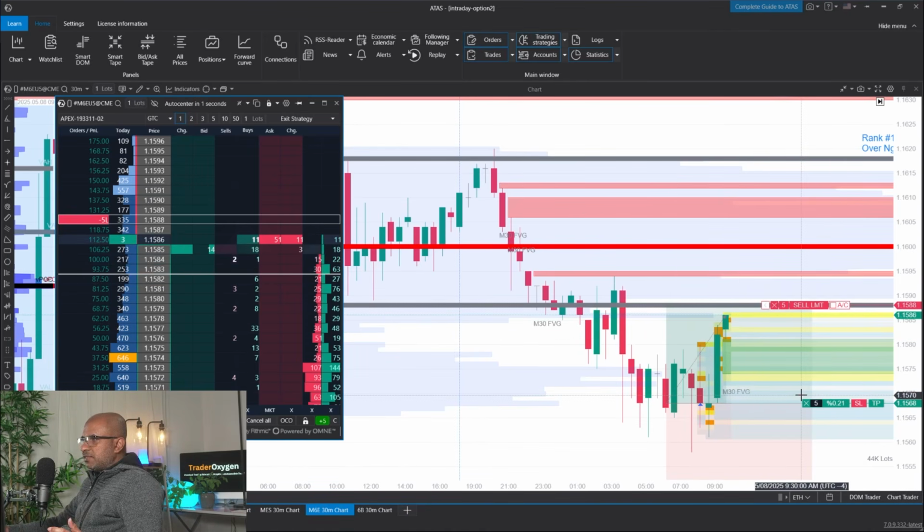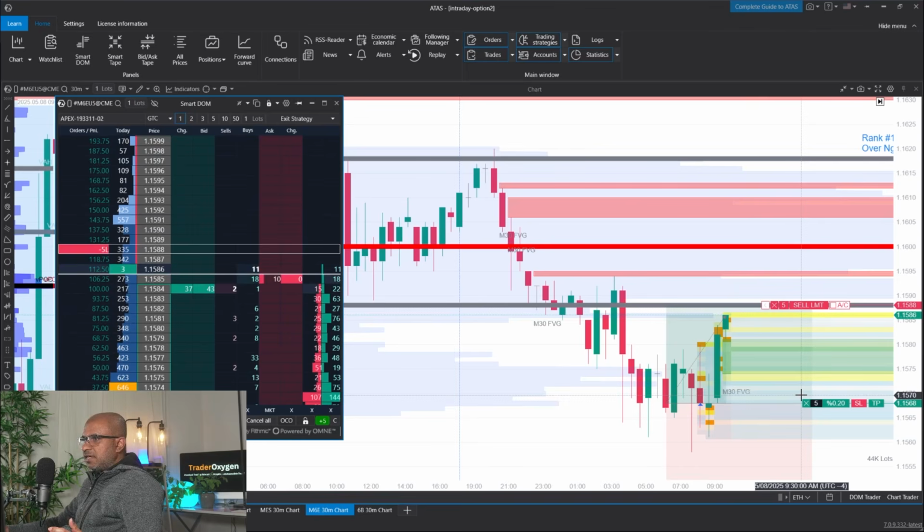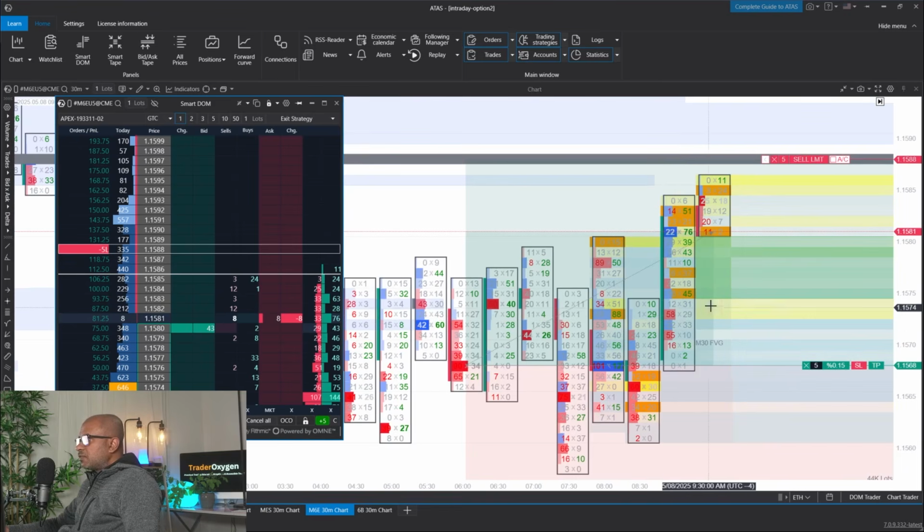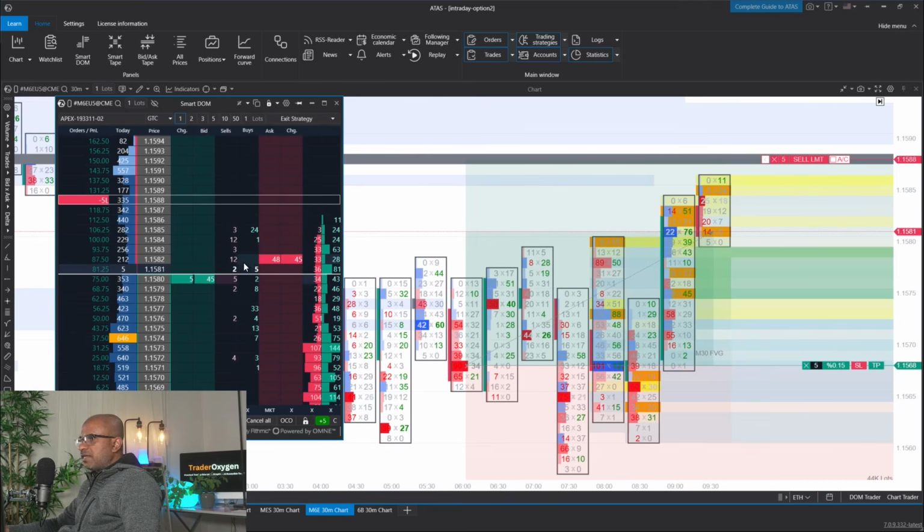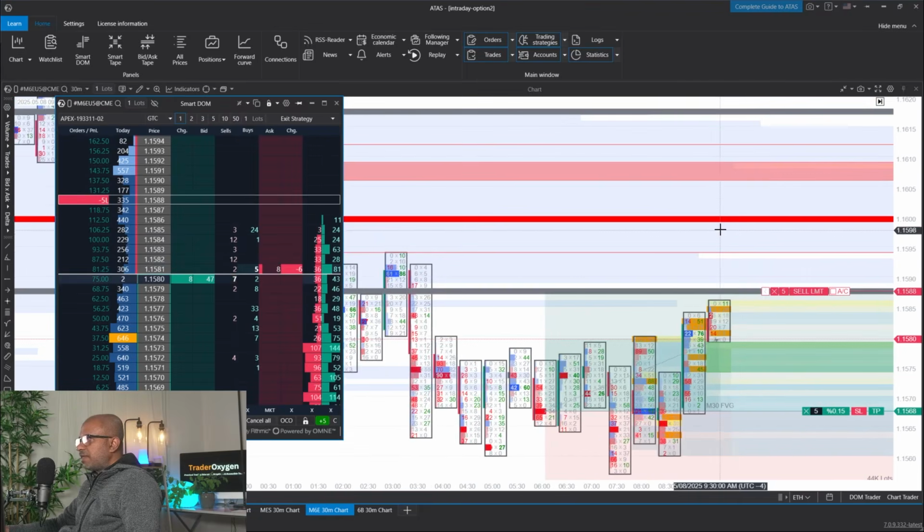Now the price is sharply shooting up, as you can see. A lot of aggressive buying happening. It's almost near to hitting the take profit. So what we are looking at is the footprint chart. You can see at this moment some aggressive selling has happened, right? And now you can see aggressive selling has started, so the price is pushing down.